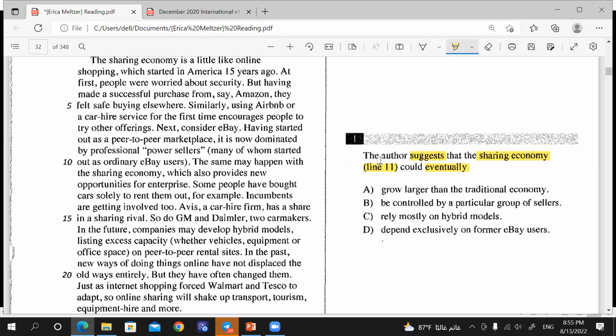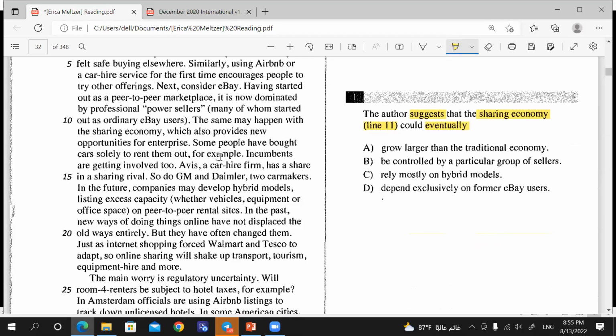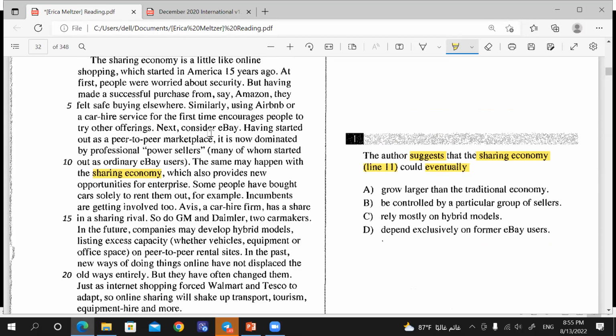Will I read line 11? No. I will not read line 11 only, because line 11 might not give me a complete context, might not mean anything to me. So you need to read what is before and what is after, to read the context. While I'm reading, I usually consider the context clues.